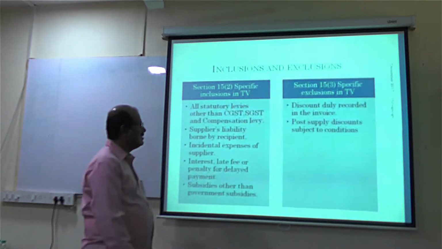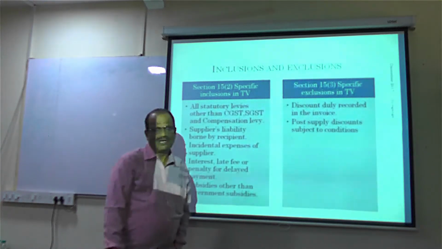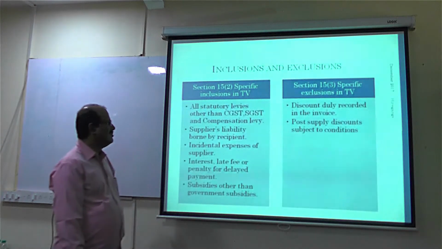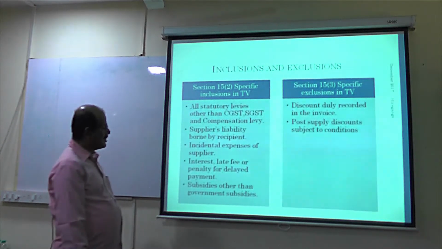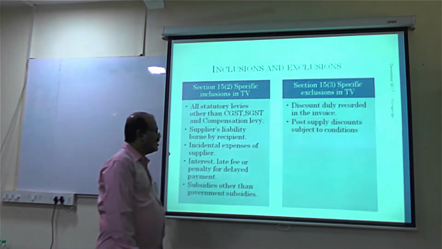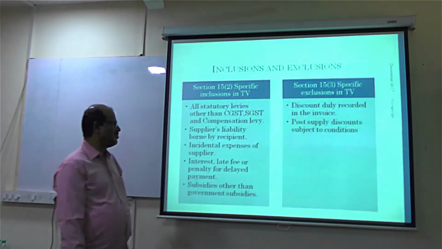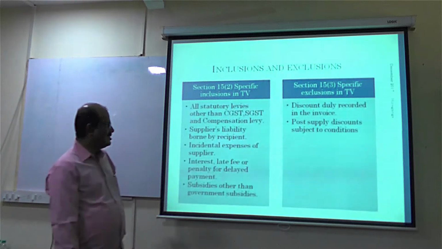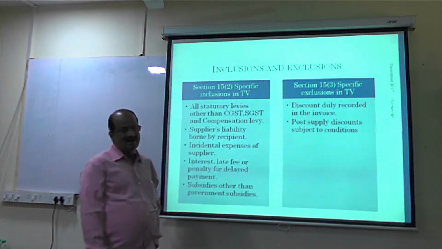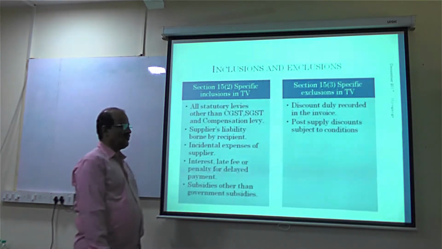Discounts which are given at the time of supply and recorded in the invoice have been clearly provided to be admissible as deductions from the price. The question arises, what happens to discounts which are provided subsequent to the supply? Such discounts may be provided at the end of the year or periodically and may not be shown in the invoice.